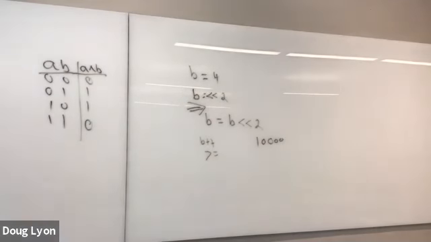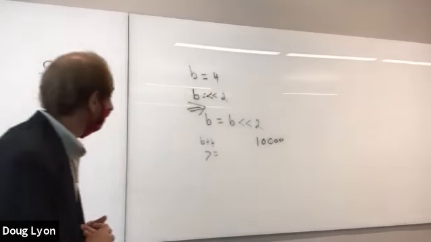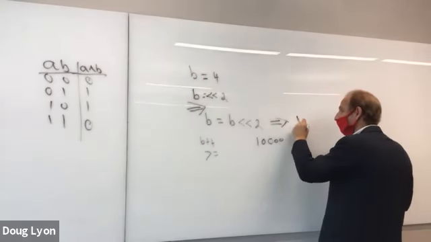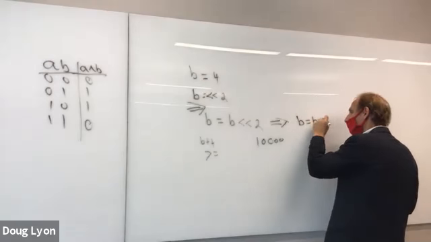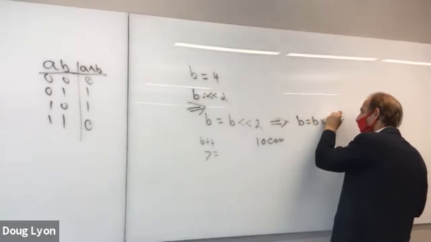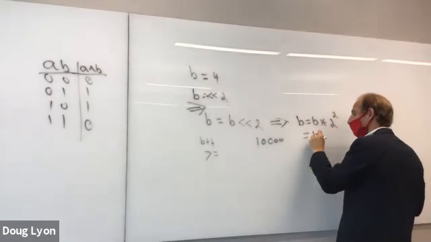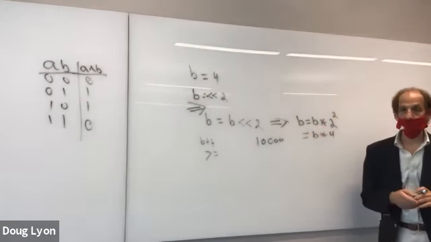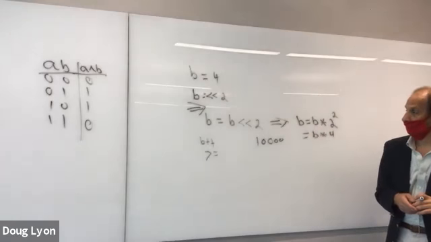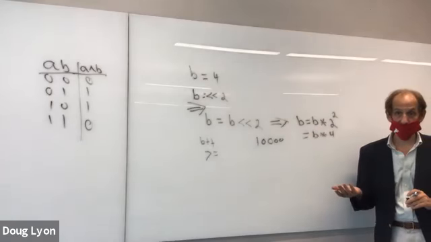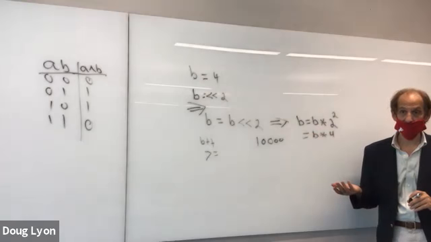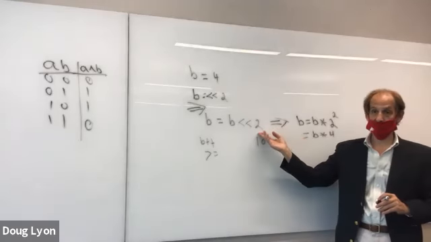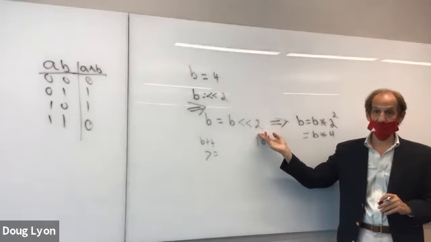Right, but operationally, as in mathematically, what would it do? Well, this is equivalent to B equals B times 2 to the 2, which equals B times 4. So if it was shift 4, it'd be the same as 2 to the 4, which is 16. So you're just changing the power. This is always using powers of 2 because the underlying representation is binary. I see.